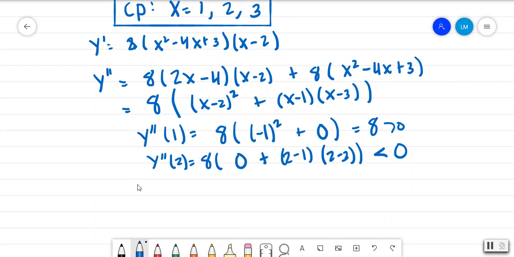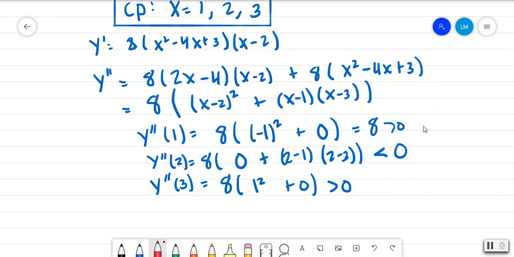So y double prime of 3 is equal to 8 multiplied by 1 squared, and then plus 0. I can tell that that's also going to be positive. So I've basically figured out from just plugging into the second derivative that it's going to be a min, a max, and a min.